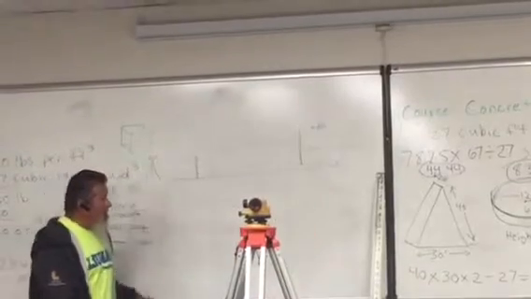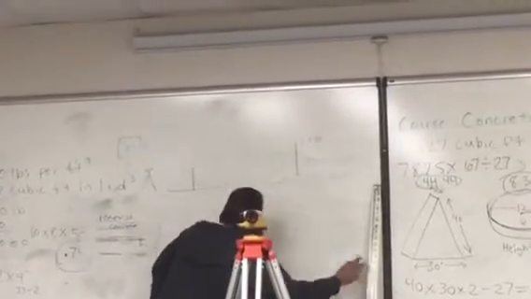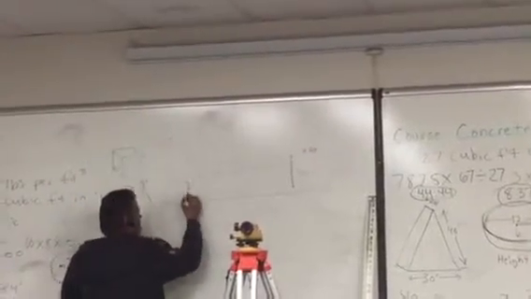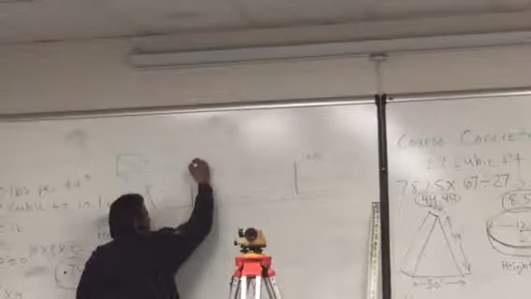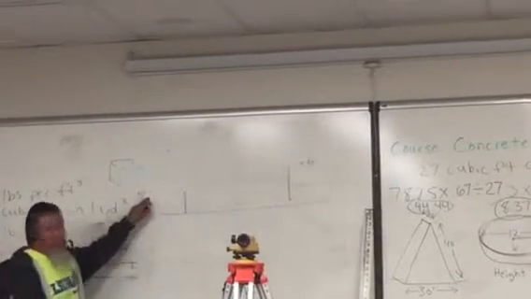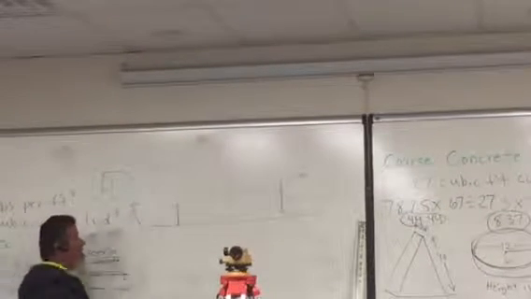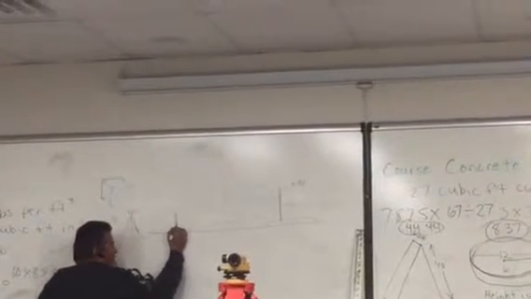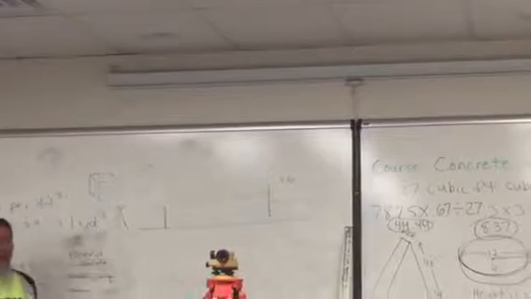So now all I got to do is I take this rod, bring it over here, and I adjust it up and down. Somebody's looking through this transit, and I'm going to put my mark on my stake right at 4.20.